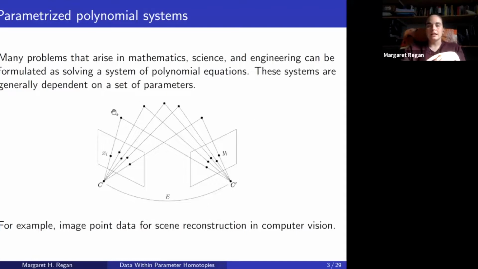So if we look at this picture here, I don't know how many of you have any knowledge about computer vision, but this is one of the most famous problems in computer vision called the 5-point problem. And so there's a polynomial system that defines this problem here.